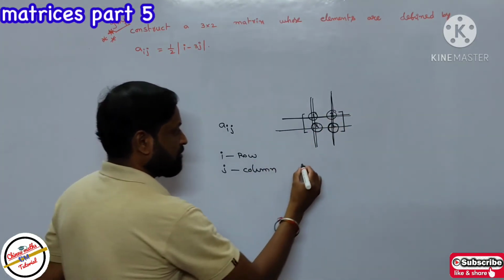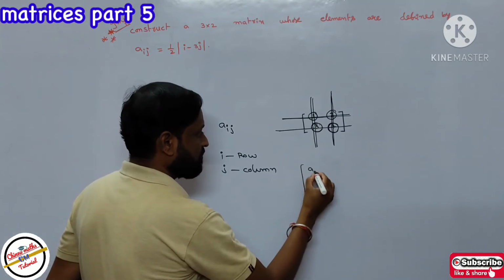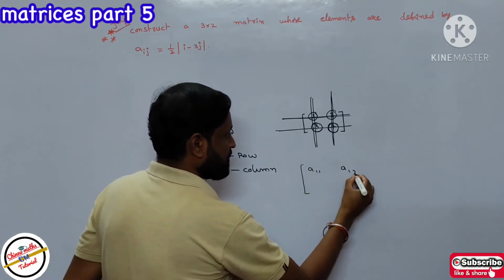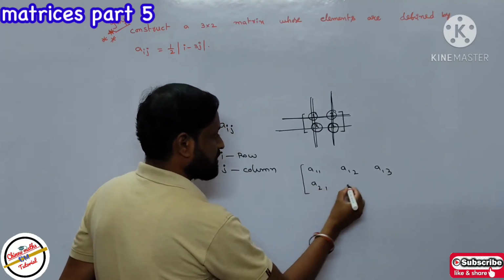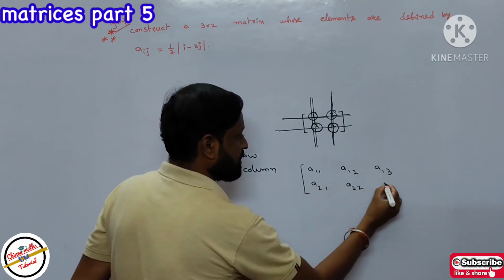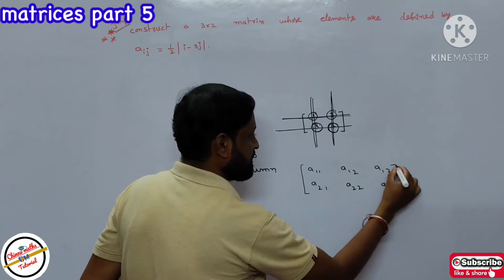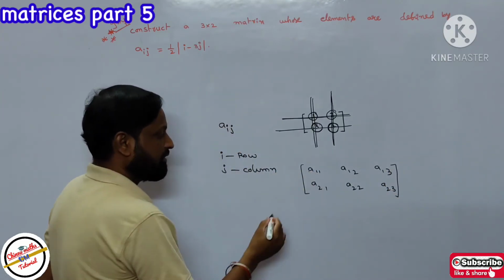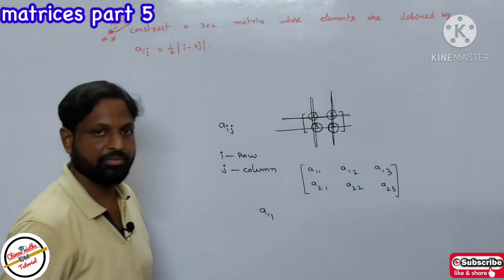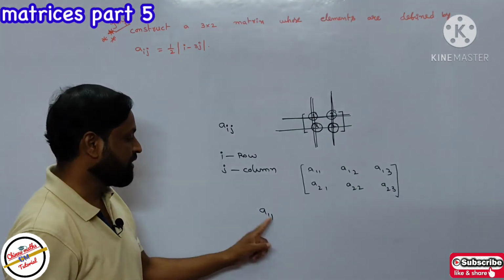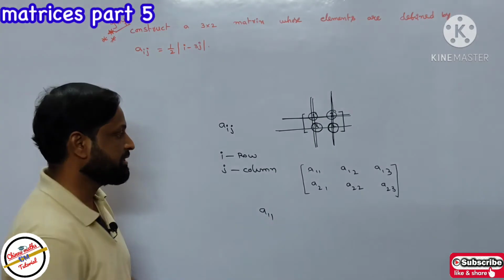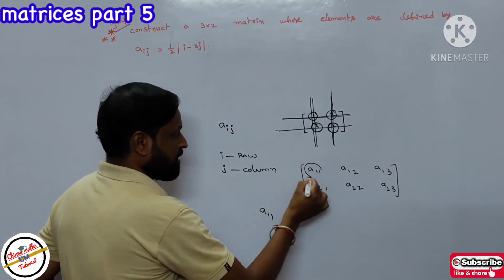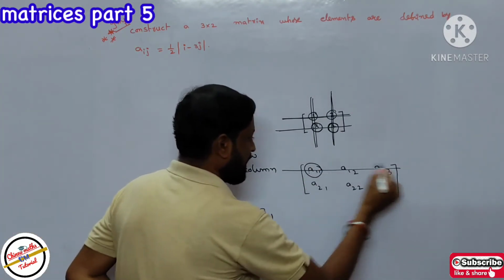Similarly, take one more example: a11, a12, a13, a21, a22, a23. What does a11 mean? a11 means the element of the first row and first column.